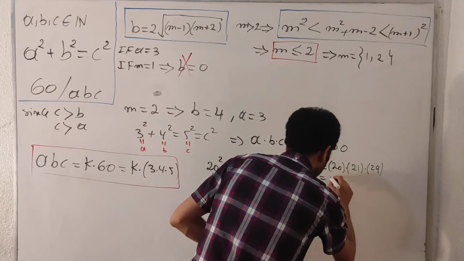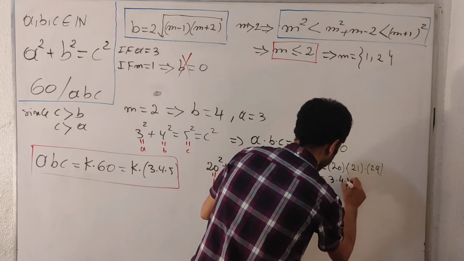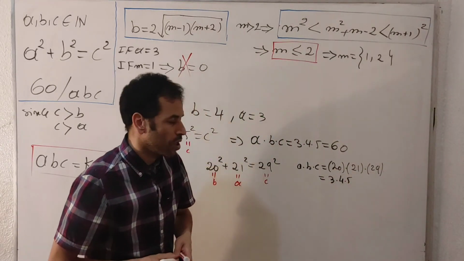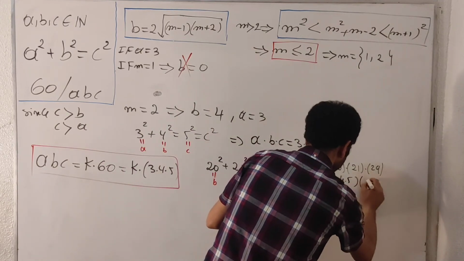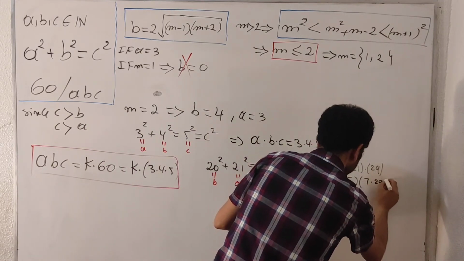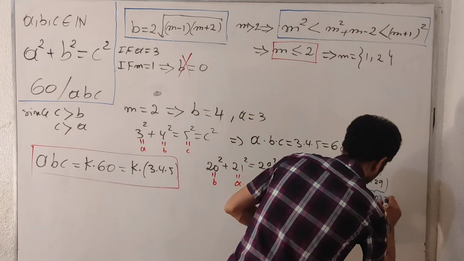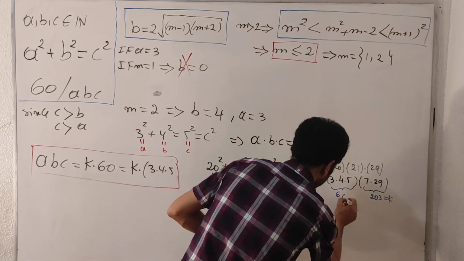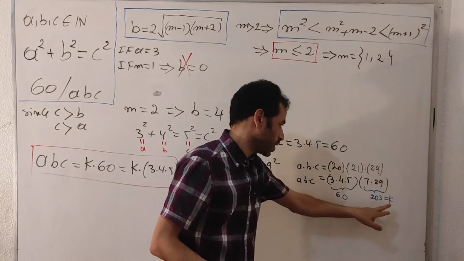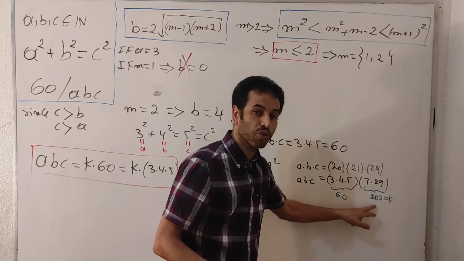So I put 3 in front, extract 4 and 5 from 20, and then multiplied by 7 multiplied by 29. If you calculate this term, 203 equals K. So this term equals 60, which means ABC equals K multiplied by 60, where K is a natural number, here K equals 203.